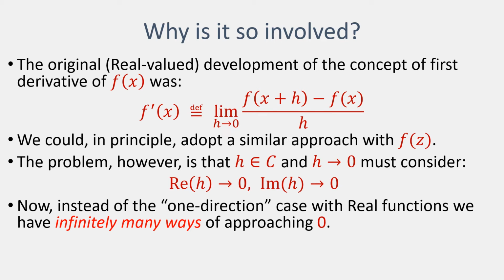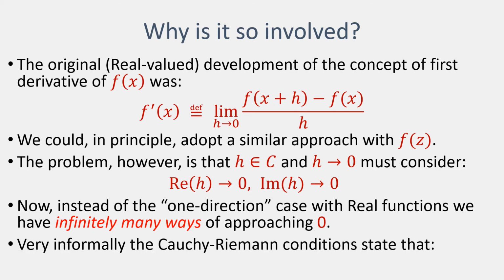In the complex case, we can have infinitely many different ways of the term approaching zero. And so that raises a problem if we're trying to produce a notion of first derivative through this idea of studying limits.